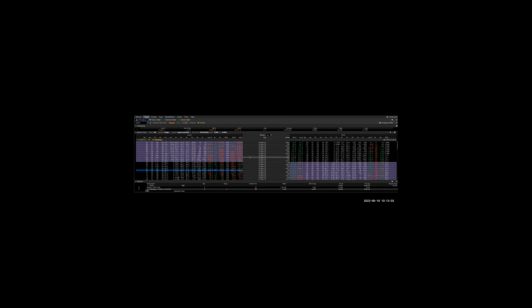This is what the market is telling me. This is the option chain. Options drive stock. For those of you that don't understand, everybody thinks stock market, but stocks don't do anything. Options drive stock.